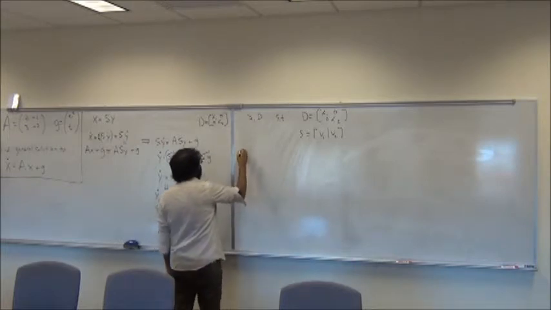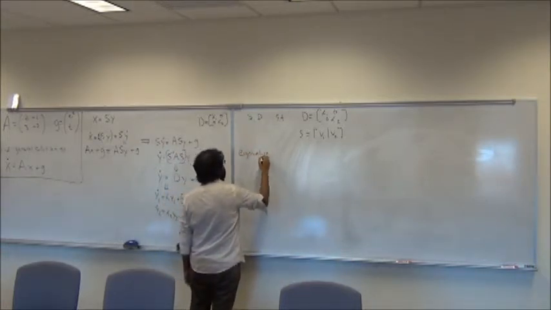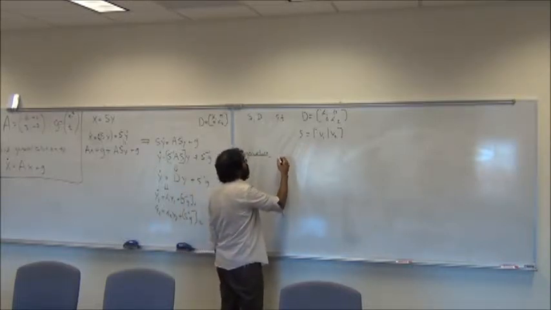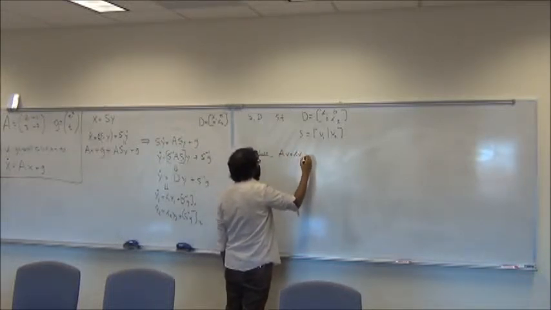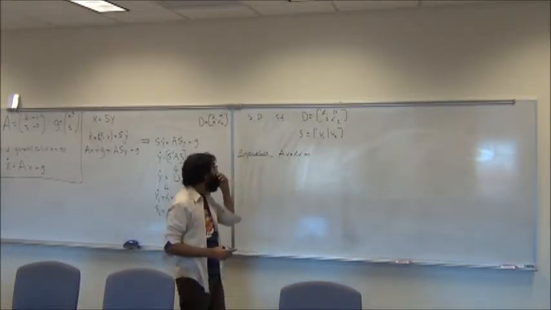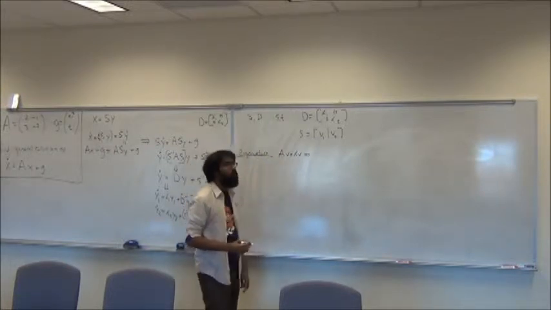So the first step, let's find our eigenvalues. The way we find eigenvalues is we're solving the system A v equals lambda v, and we want this system to have a solution for v which is not 0.